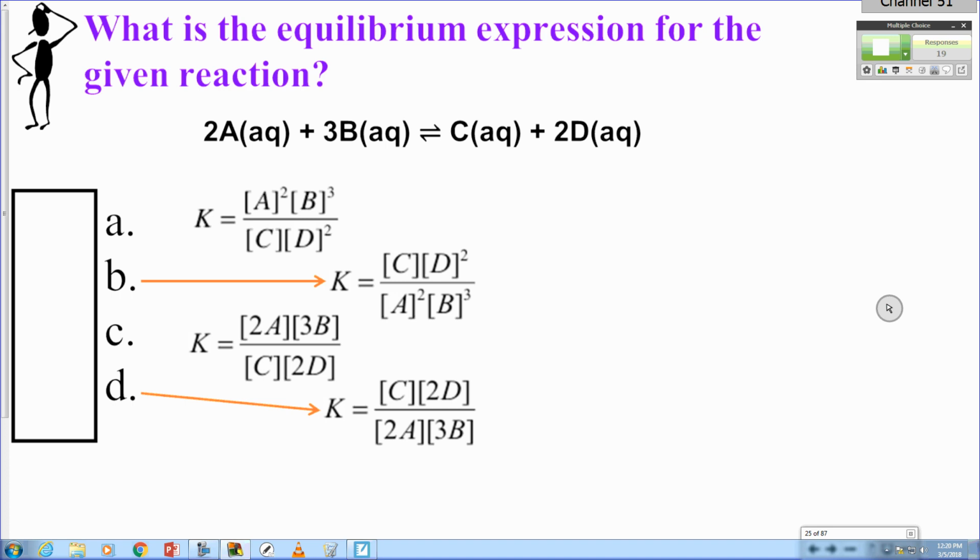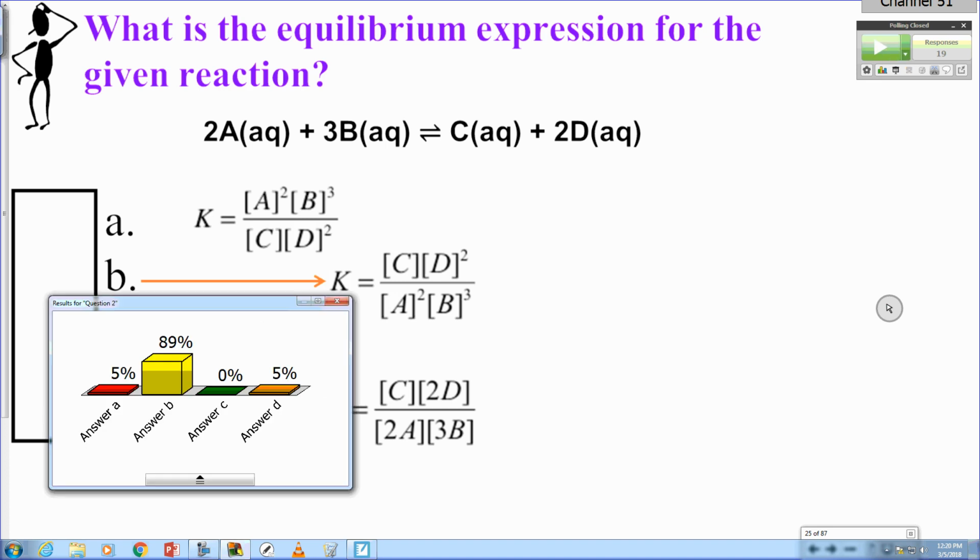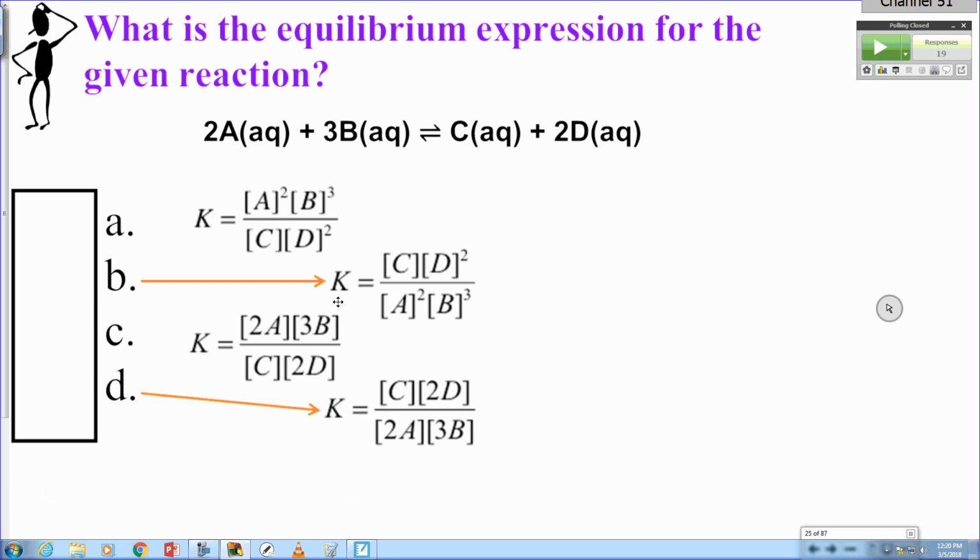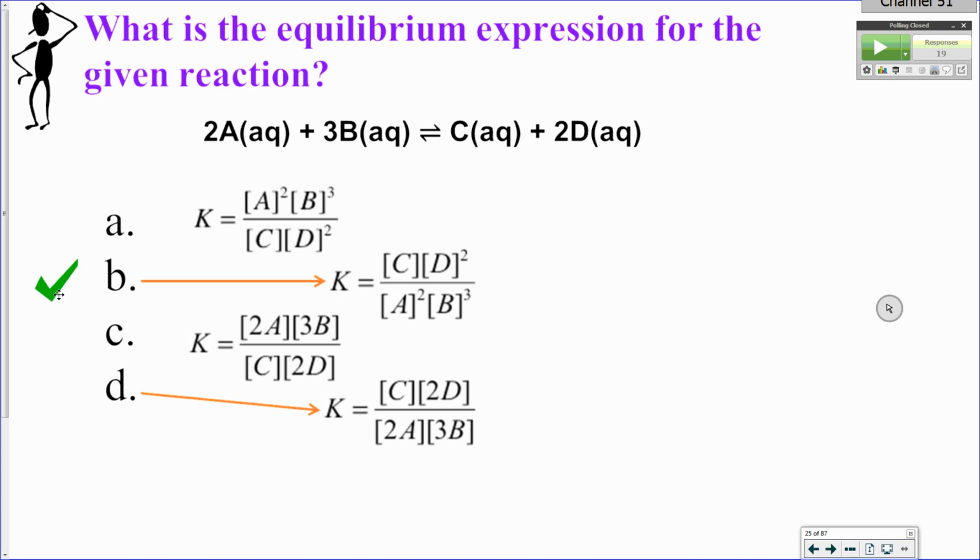Predominantly the choice is B. If we look at products over reactants, it's C times D, and then the square because of the 2. And you put A squared, B cubed, and that's it.